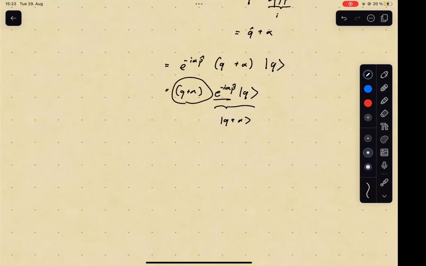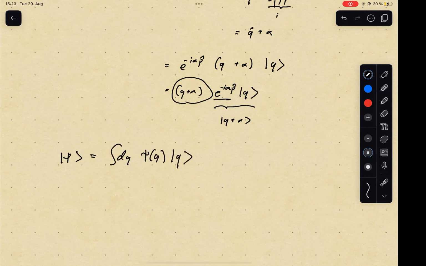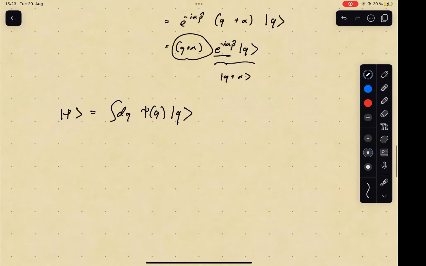You start with some state, and you write it in the position basis, psi of q. This here labels the wave function over the q basis, and this is the Hilbert space element corresponding to that q basis state. Now apply e to the minus i alpha p to it.